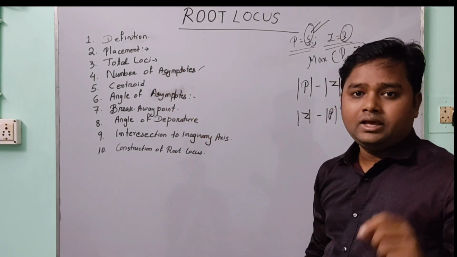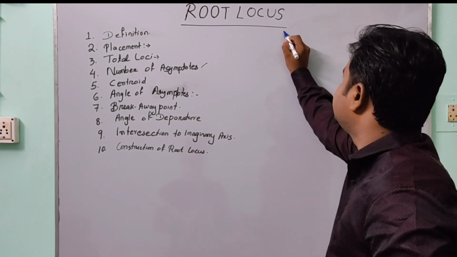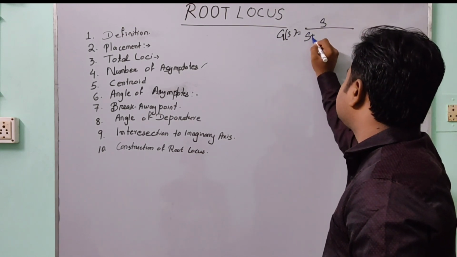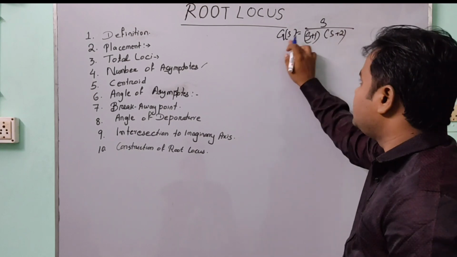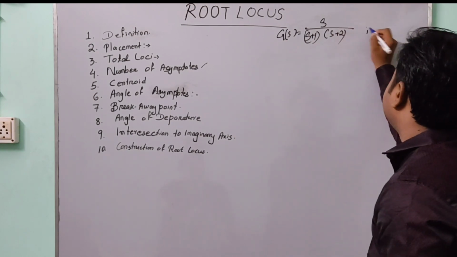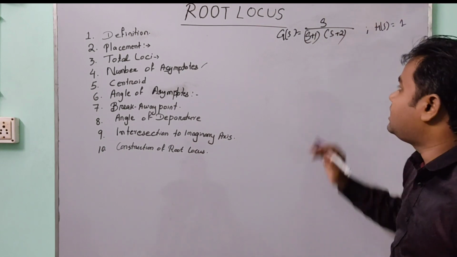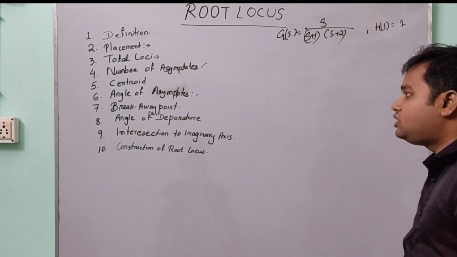Next, the centroid. Now we will study with a particular example. Let G(s) be equal to s divided by (s plus 1) into (s plus 2), with unit feedback, that is H(s) equal to 1.